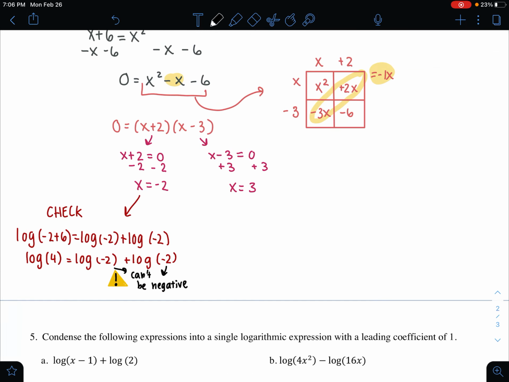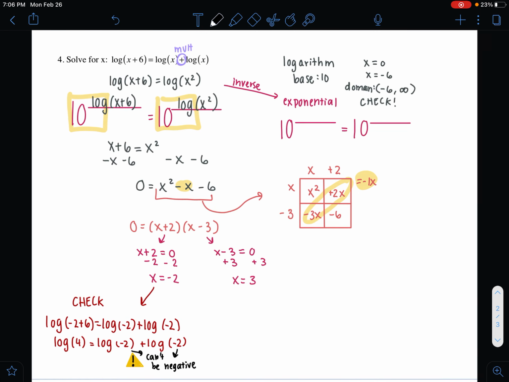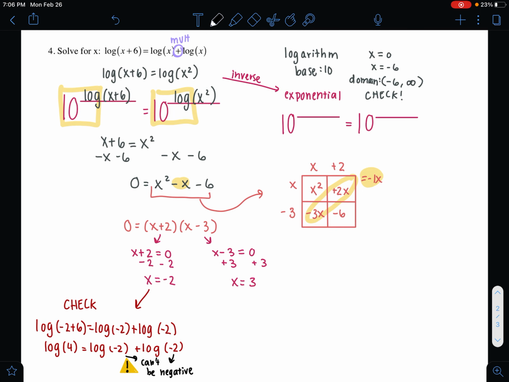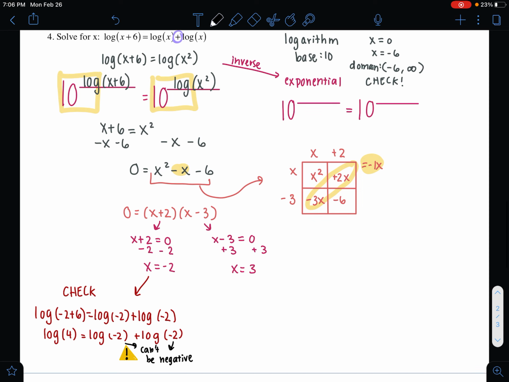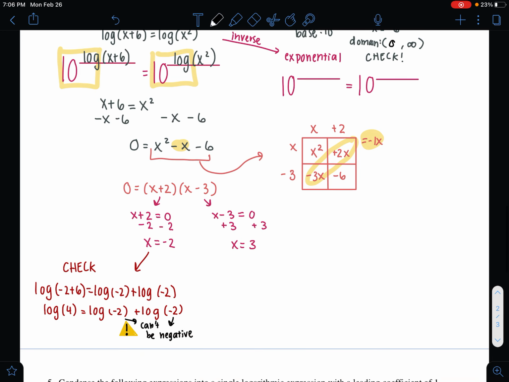Even if I multiply them, it's checking in the original. Negative 2 is smaller. Well, if we look here, that domain should have been 0 to infinity, is smaller than 0. So negative 2 is an extraneous solution.